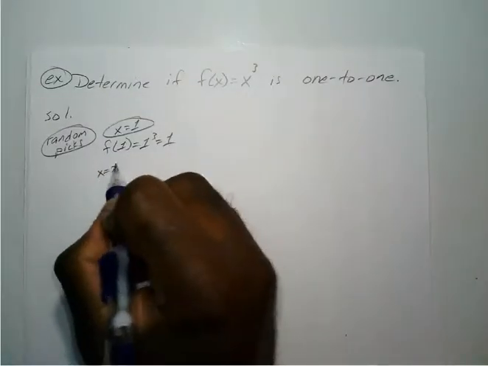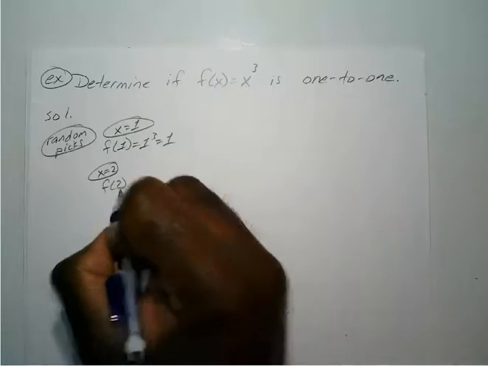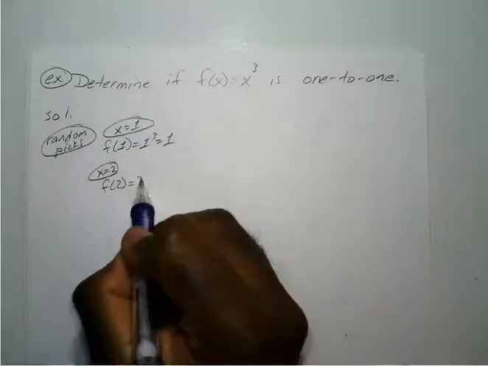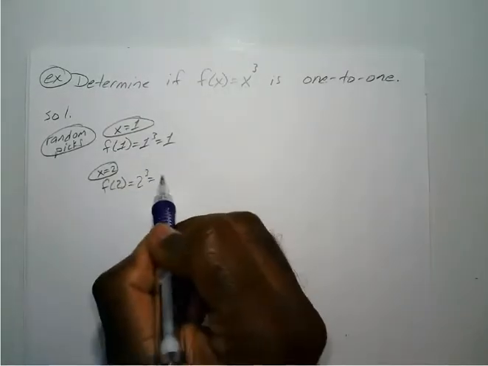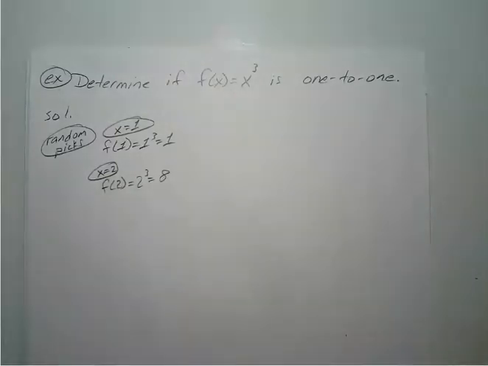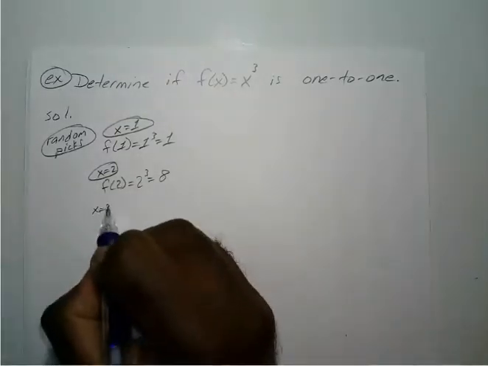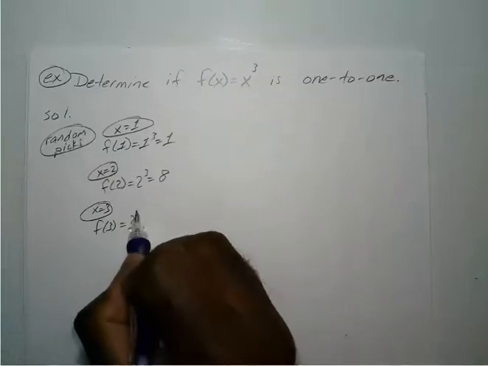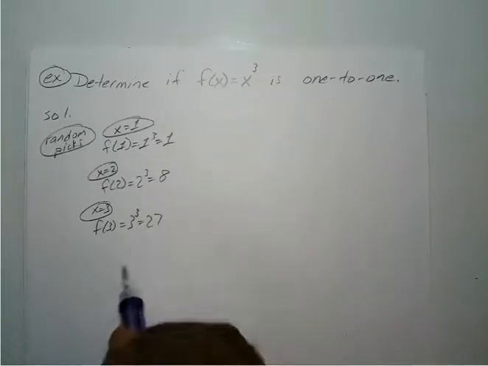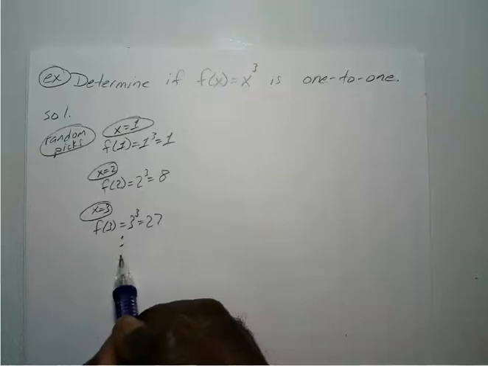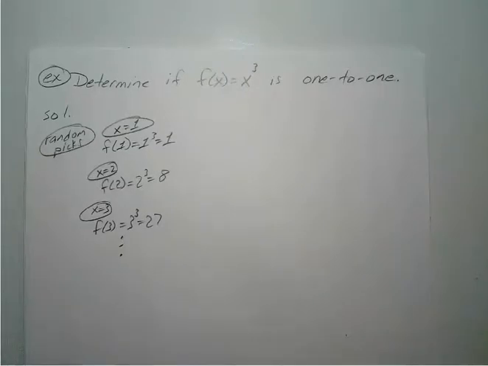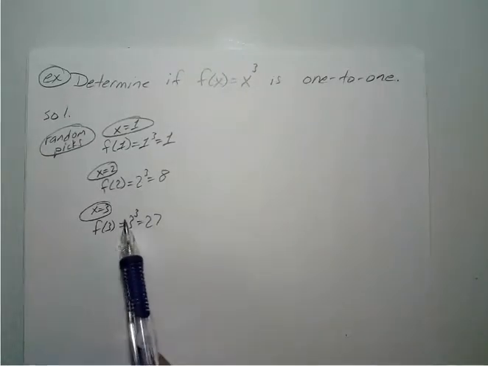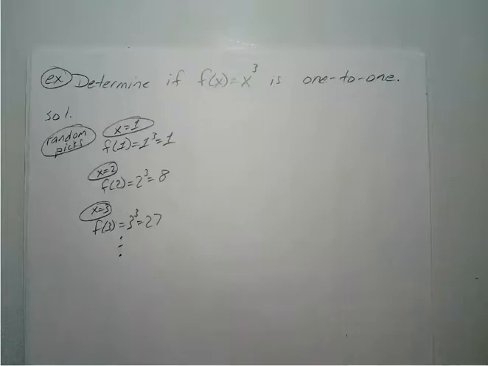Let x equal 2, that means f of 2, which is 2 to the third power, equals 8. Or x equals 3, so f of 3, which is 3 to the third power, is 27, and if you want, you can keep on going. You can do f of 4, which is 4 to the third power, which is 64, and keep going from there. But we're going to stop there.